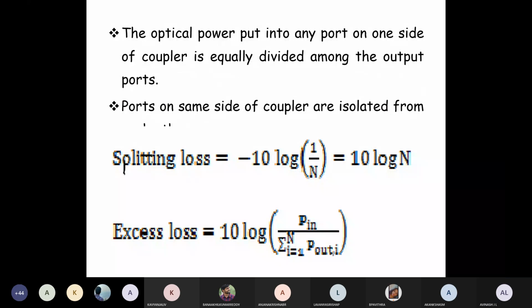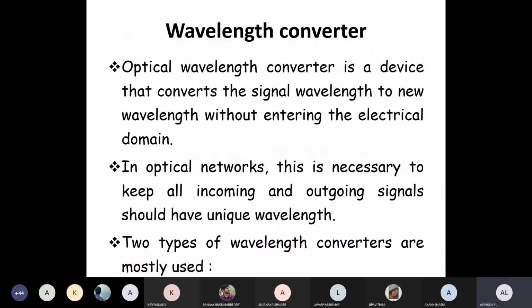After this one, we will go for the next topic, that is called as what? Wavelength converter.